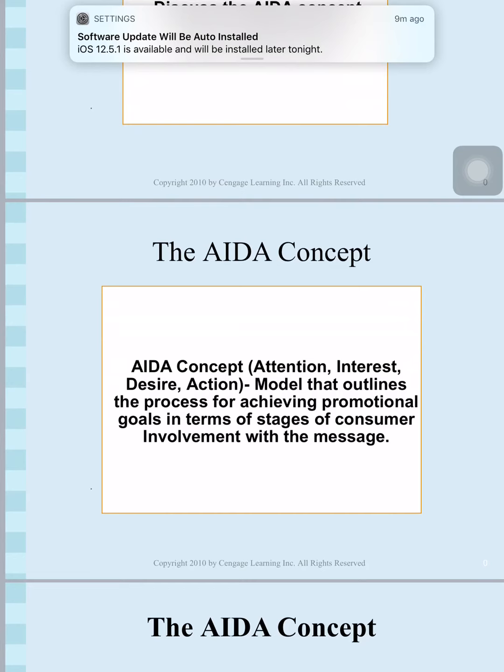You can illustrate how the product features will satisfy the consumer's needs and also arouse the desire, D. And then the final one is action.